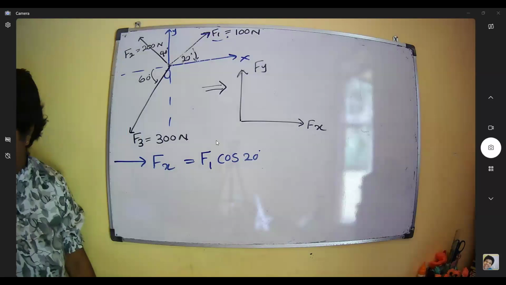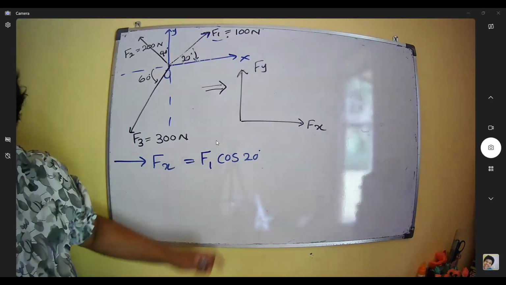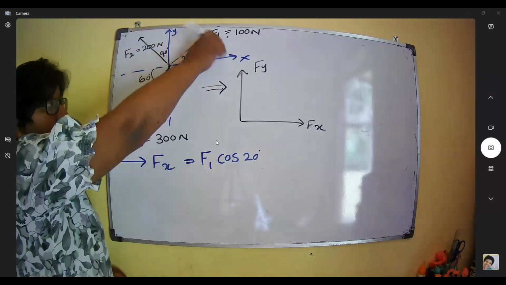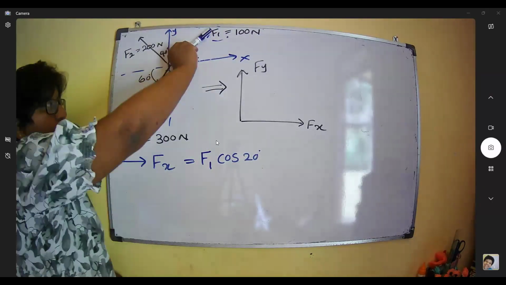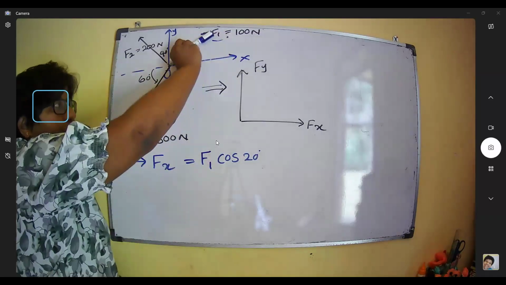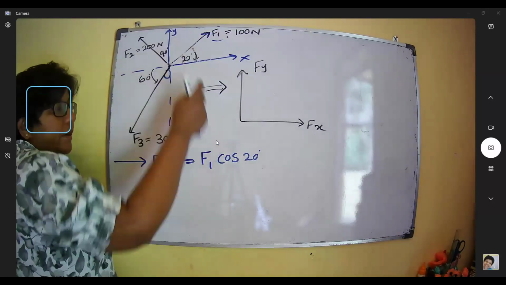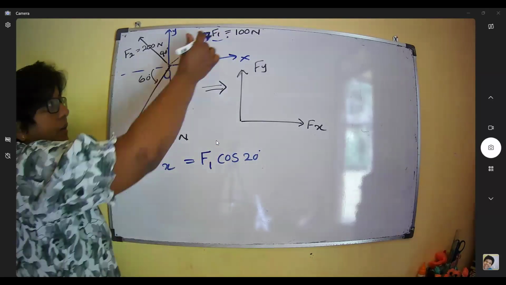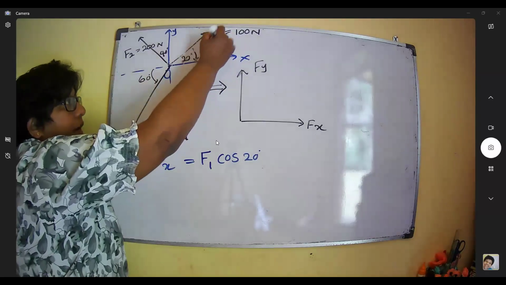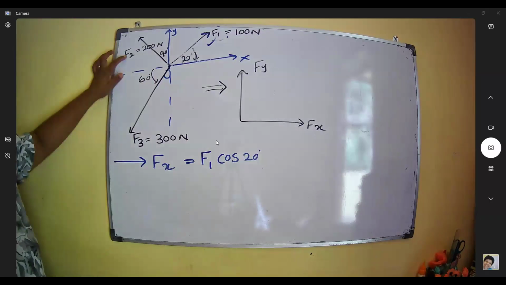If anything is not clear, please ask. F1 is pointing in the positive x direction, so 100 cos 20. Then we write this component of F1.